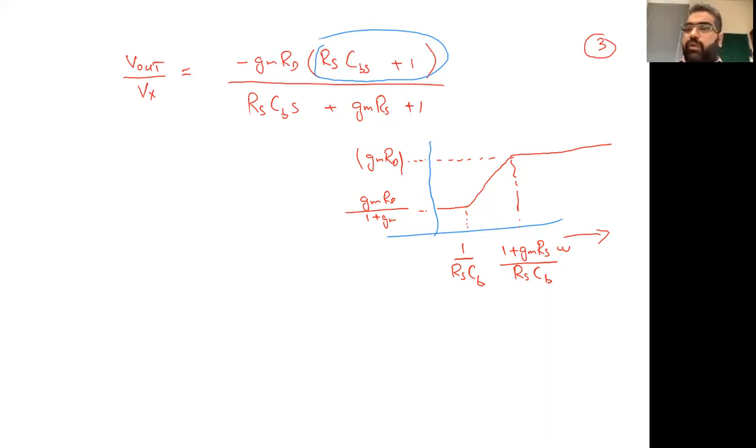यहाँ में वो वही बात बता रहे हैं कि the point whenever the omega reaches this frequency, the amplifier starts behaving as a common source. And at this frequency, which is a lower frequency, at that point, the amplifier is ultimately behaving as common source with degeneration.